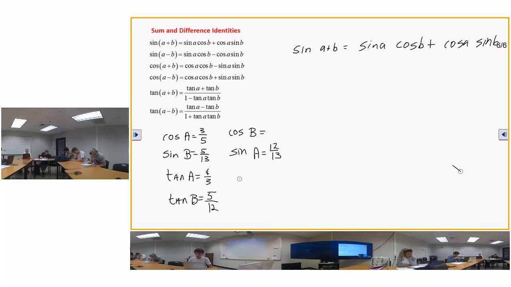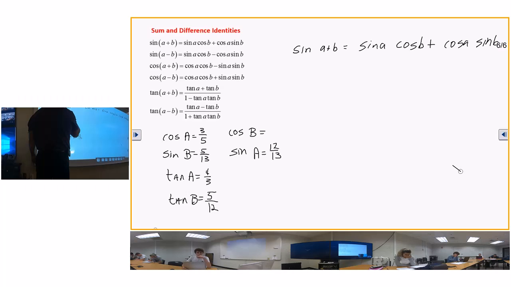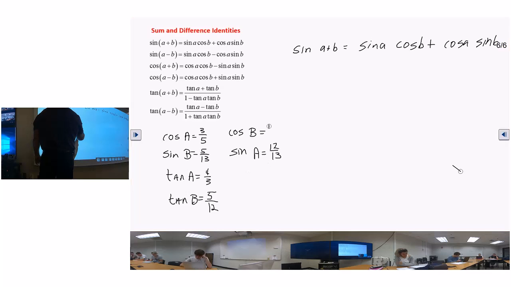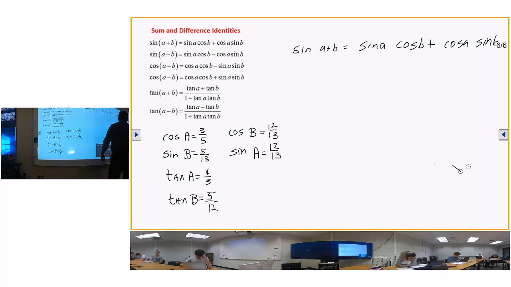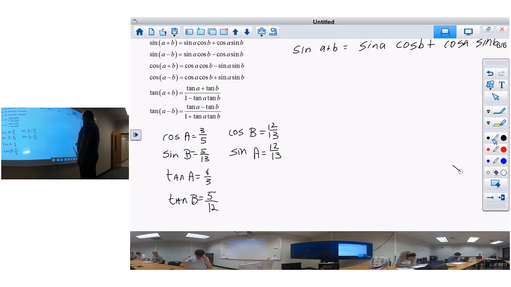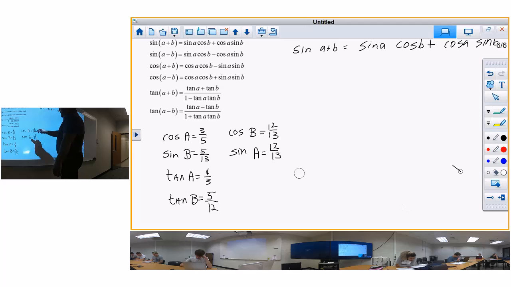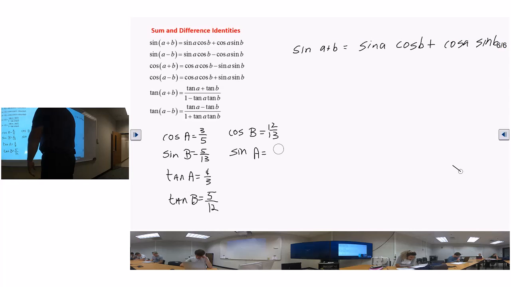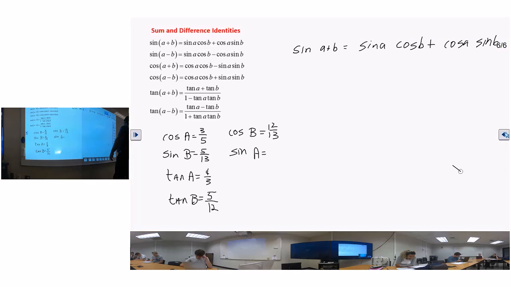It was the 3, 4, 5 triangle. Well, that would be the sine of A. That's 12 over 13. Sorry. That's all right. I'm glad you reminded me. I had it written, I just didn't write them all down.